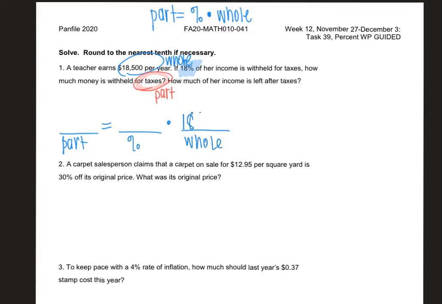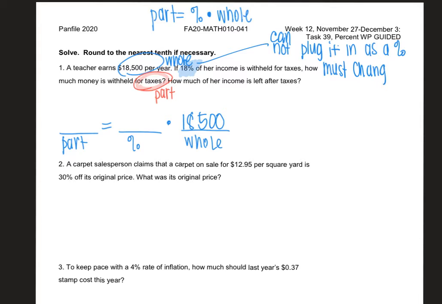The 18,500 goes here. Now, remember that if we're dealing with a percent, we cannot plug it in as a percent. You must change it to a decimal.